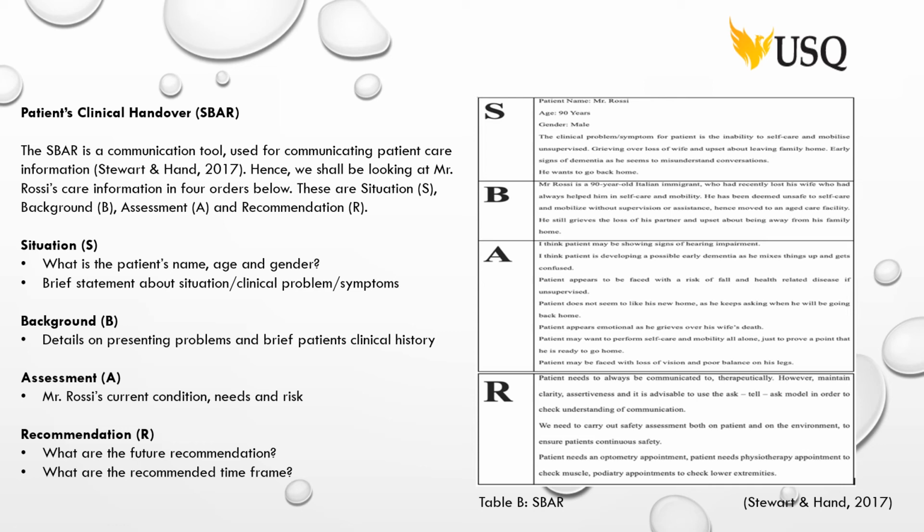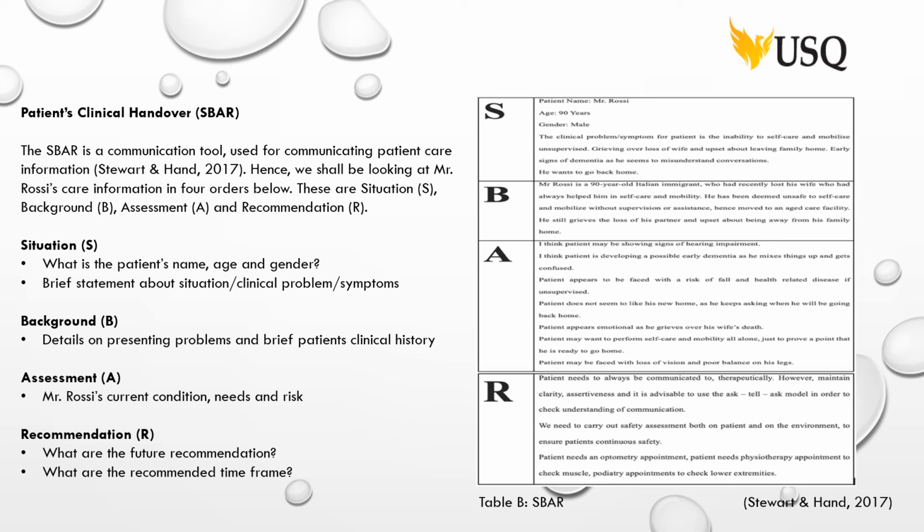Now, in the situation part of this, we shall be discussing basic information about Mr. Rossi, whose name is Mr. Rossi, and he's 90 years old, and he's male by gender.